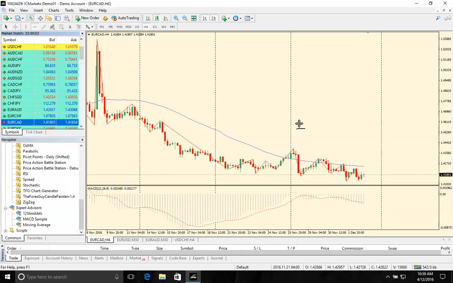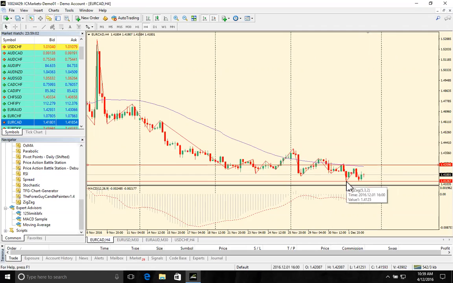Okay, so let's see if it's sideways. Yeah, it's sideways. What's the difference between up and down? 135 pips. Is it tradable?